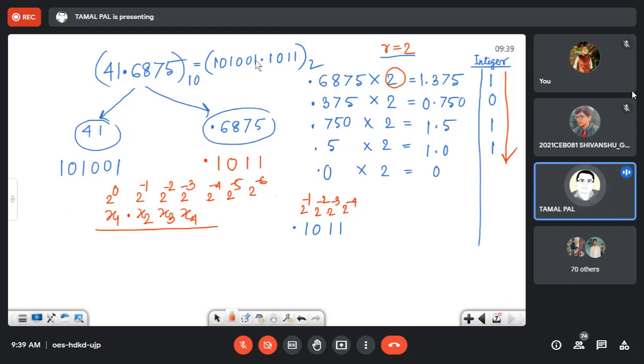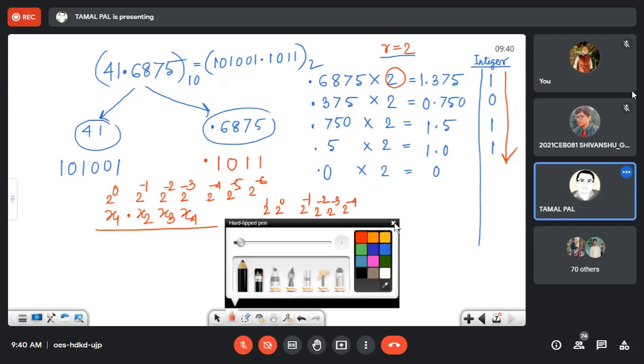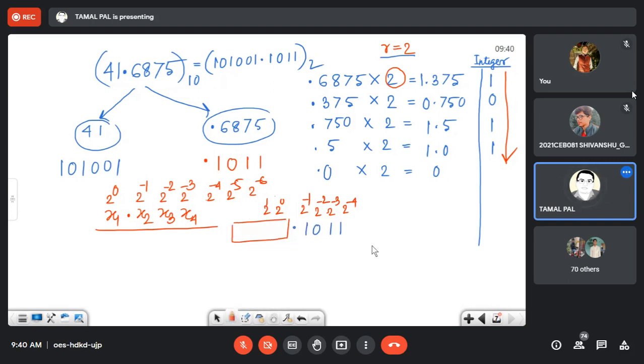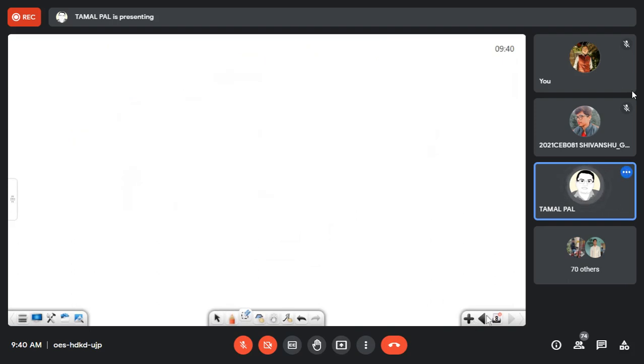But here actually 2 to the power 0, 2 to the power 1, in this way the positive part of 41 will be. Any problem to understand this? Okay, I feel that some of you have some difficulty in understanding it because you are learning it for the first time. Let me do it from the beginning.